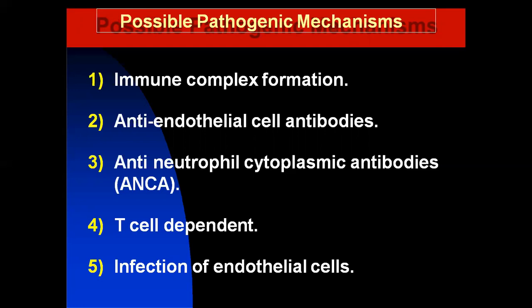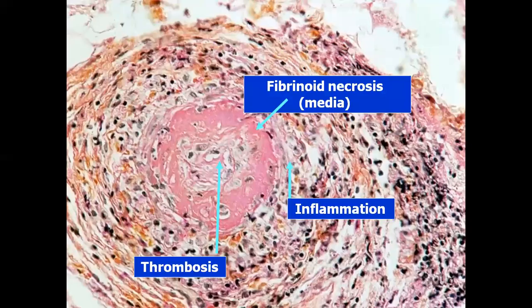Infection of the endothelial cells of the vessels may also be the reason. So in the majority of them, the first four are dependent on our immune system and how it produces antibodies or reacts against them. These are the possible pathogenic mechanisms for the development of vasculitis.